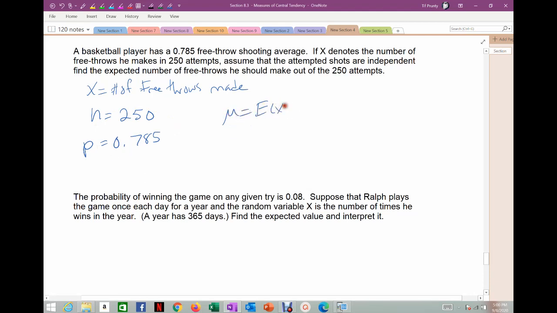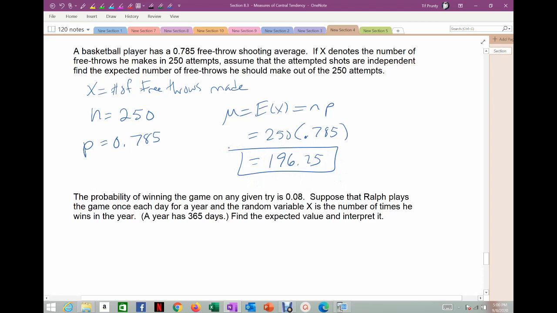So we would expect N times P. So we would expect out of 250 shots, he'll make .785 of them, based on his probability. So you take your 250 times your .785, and we would expect on average 196.25. It's a quarter there because it's an average, right?